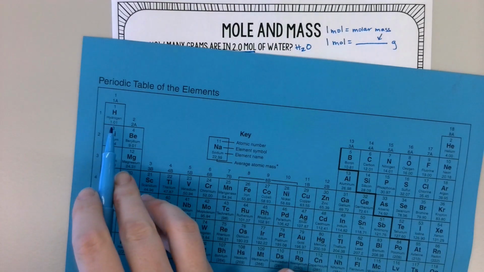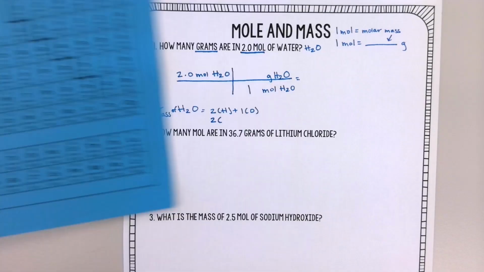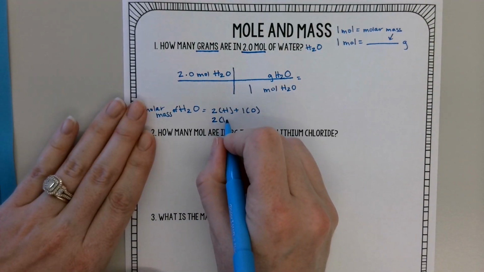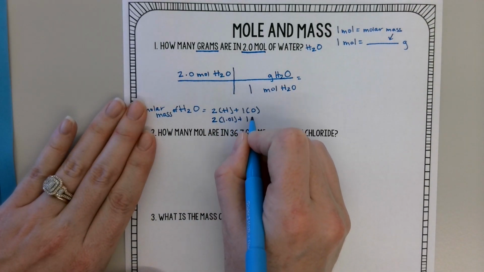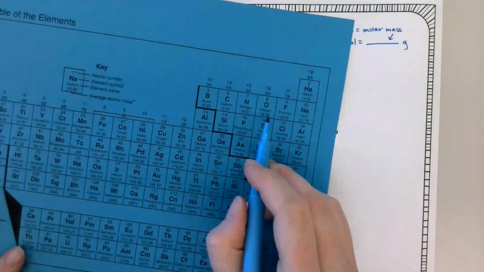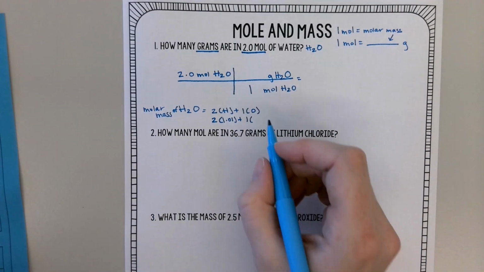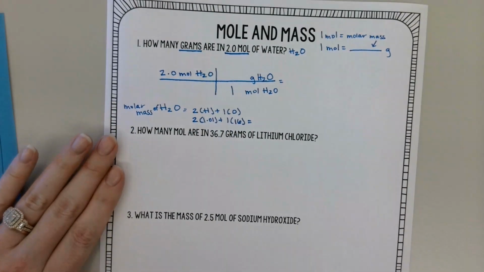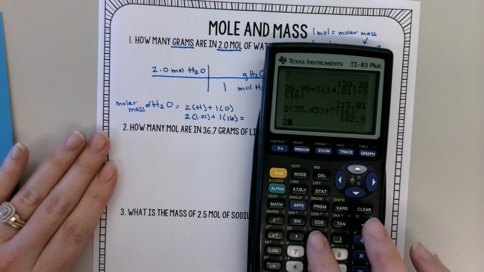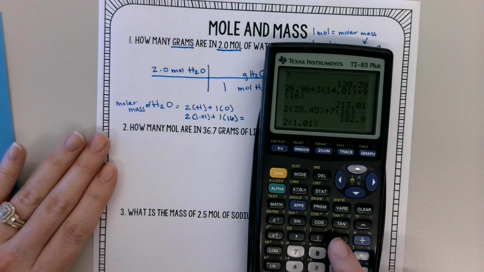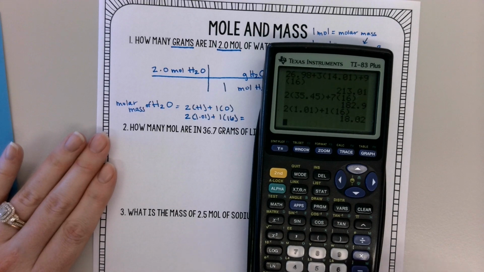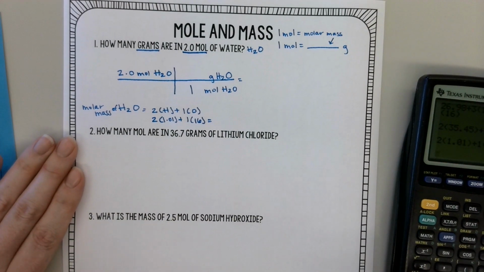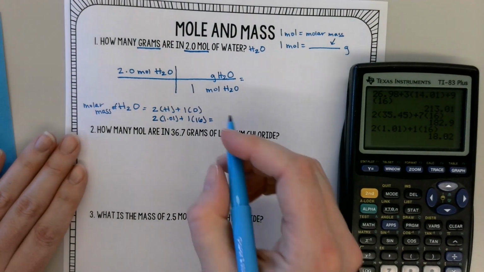Each hydrogen has a mass of 1.01 and each oxygen has a mass of 16. We plug this in our calculator, so 2 times 1.01 plus 1 times 16. 18.02 is what I am getting on my calculator.